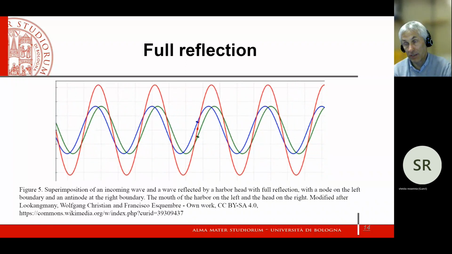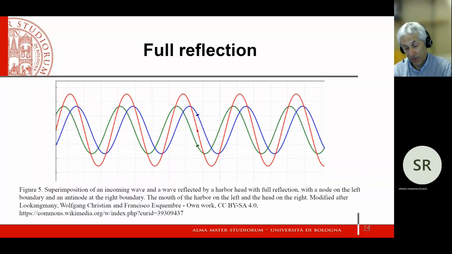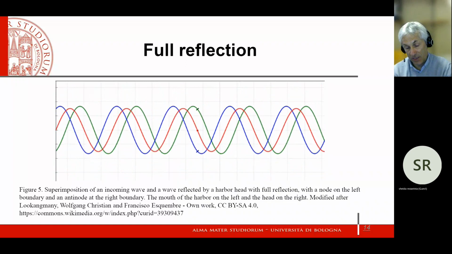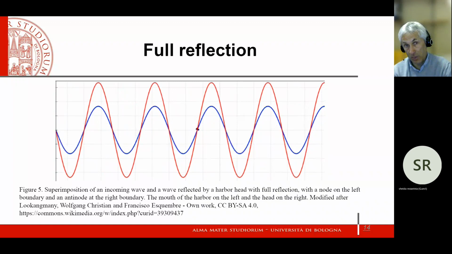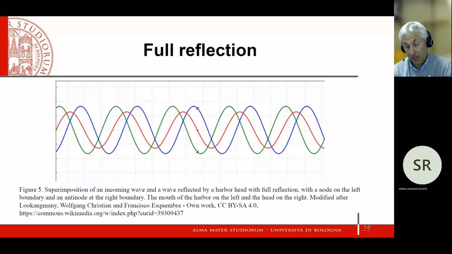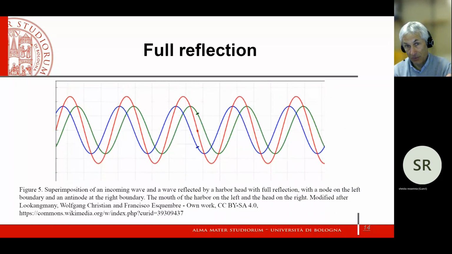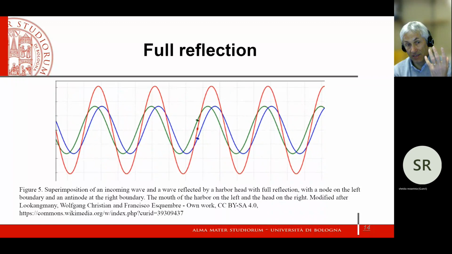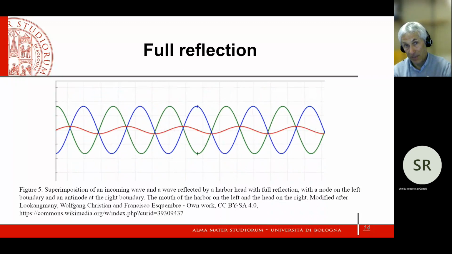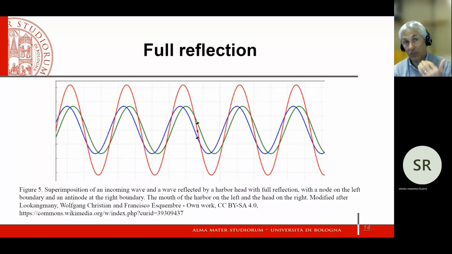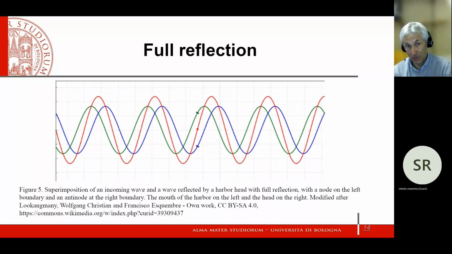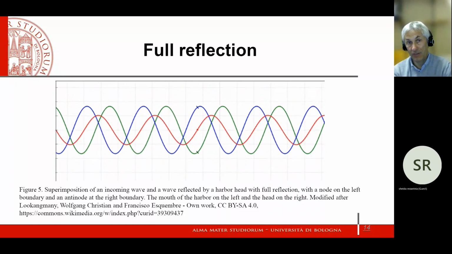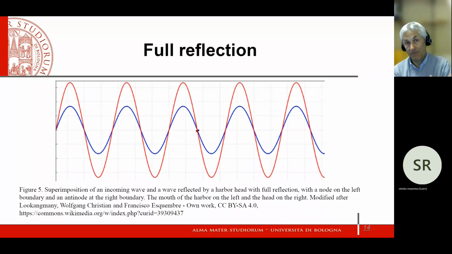And we are concerned when the incoming forcing is such that we may have a trough when also the standing wave has a trough, which means that we may have resonance.